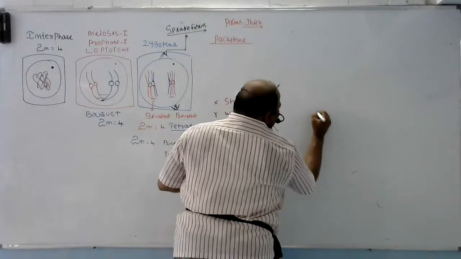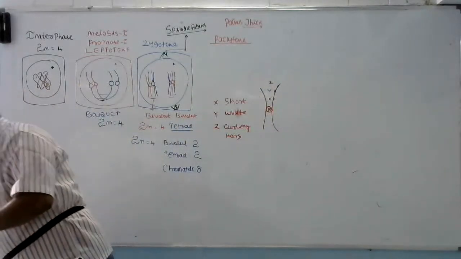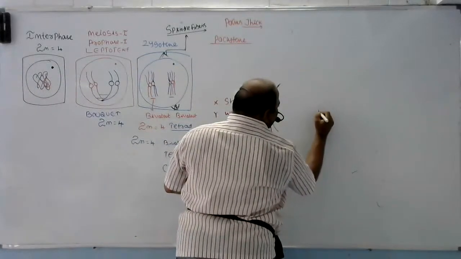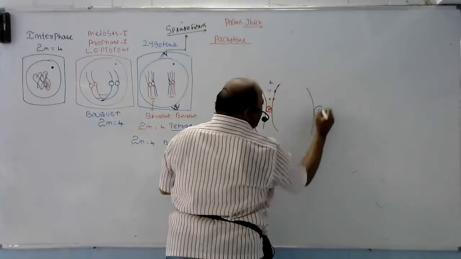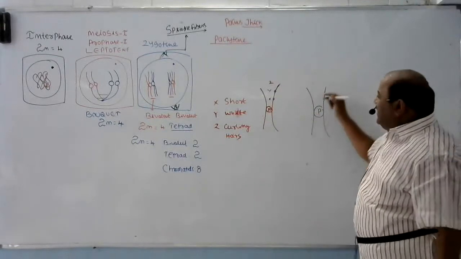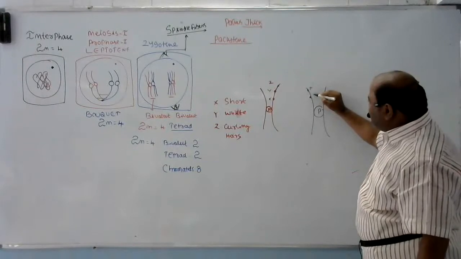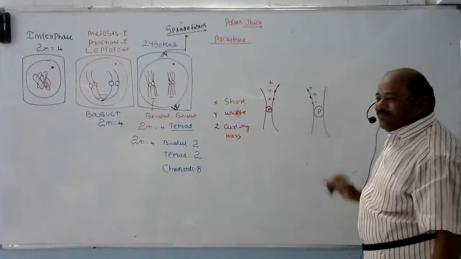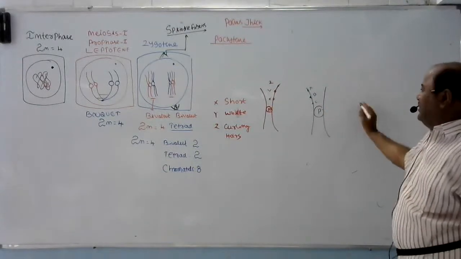Next, we will take the father chromosome, the paternal one. In the non-sister chromatids, here the genes are A, B, C. What is the characteristic of the A gene?